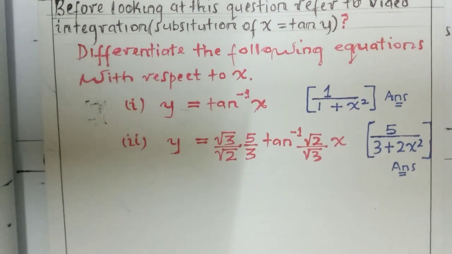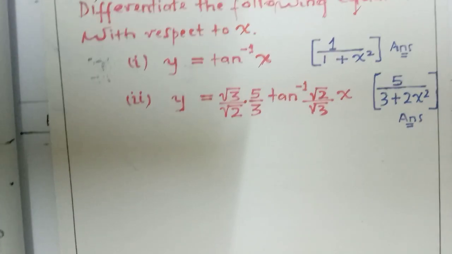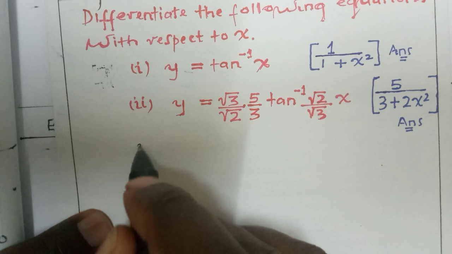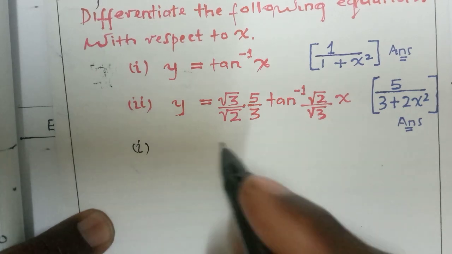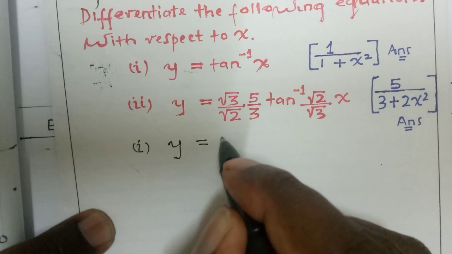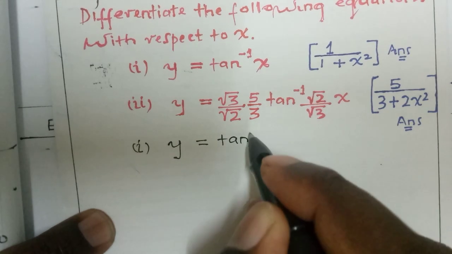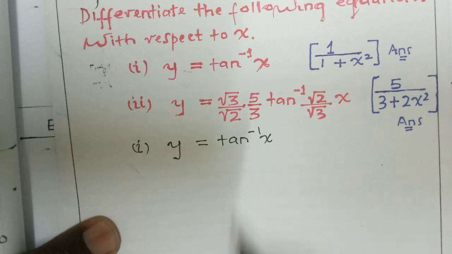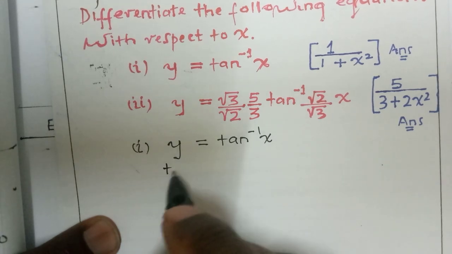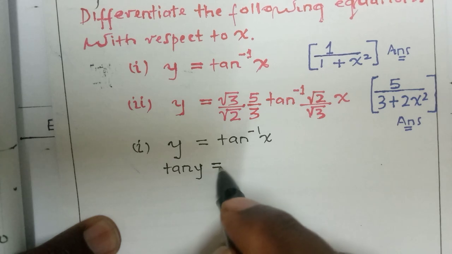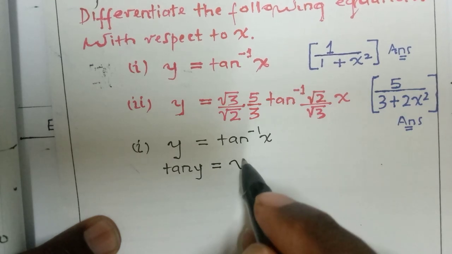So we look at now tan inverse. The first one is y equals tan inverse x. So this one is going to be tan y equals x.